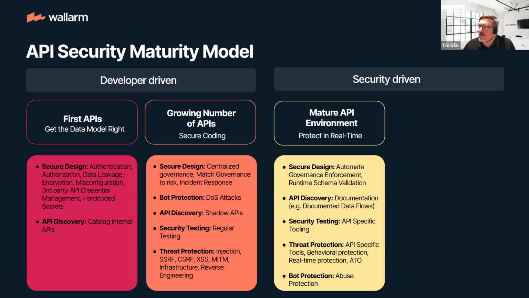And also just to add, what we see between the growing number, the second box, and the third box, is the automation and governance enforcement, and being able to do that through automation is a really big driver across a lot of our customers.